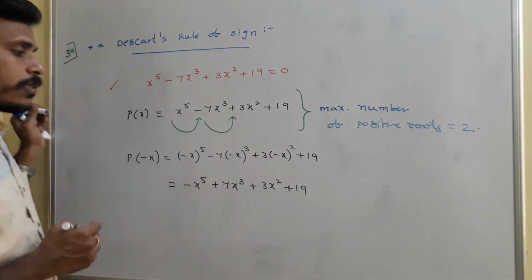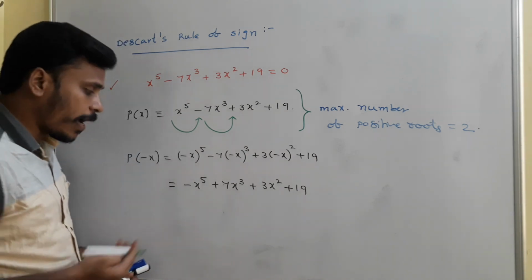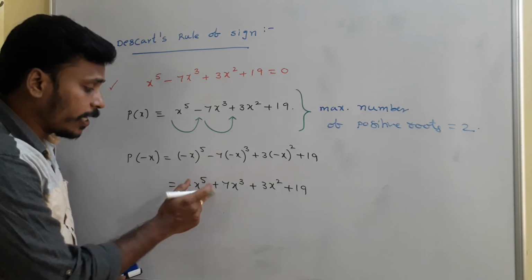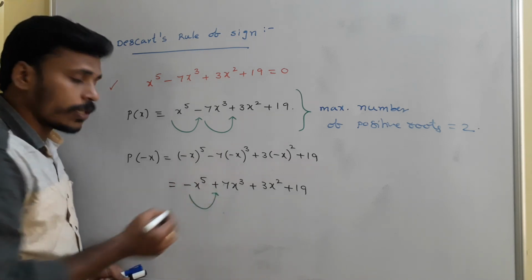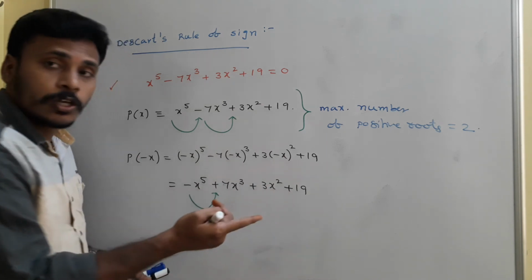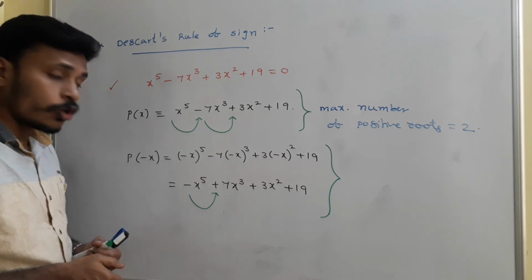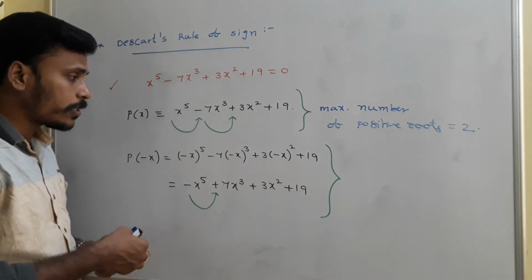This is p of minus x. Now you just simply think about these sign changes. Here it is minus, the coefficient of x power 5, and it is plus. So minus to plus, one sign change. Plus to plus, no sign change. Plus to plus, no sign change. So there is only one sign change here. So in p of minus x there is only one sign change.